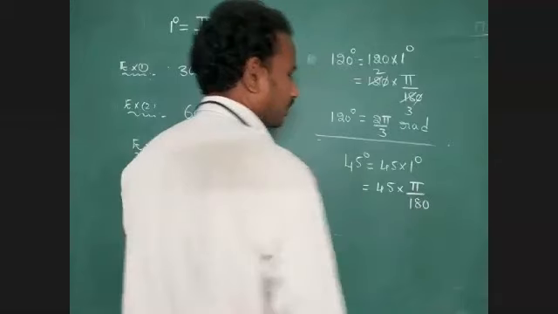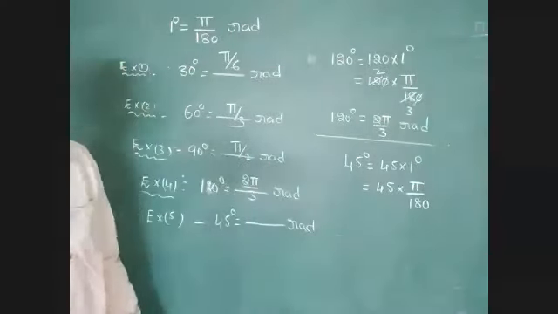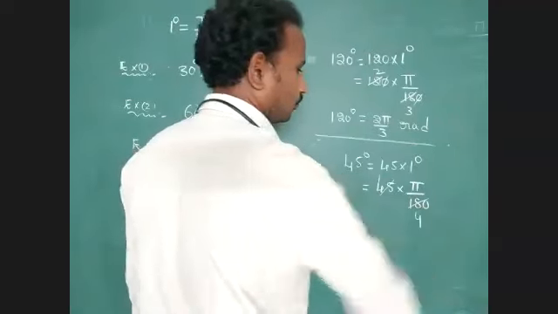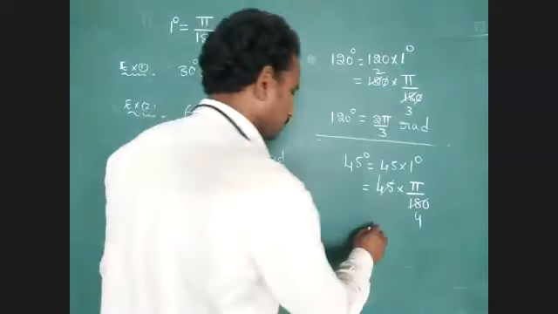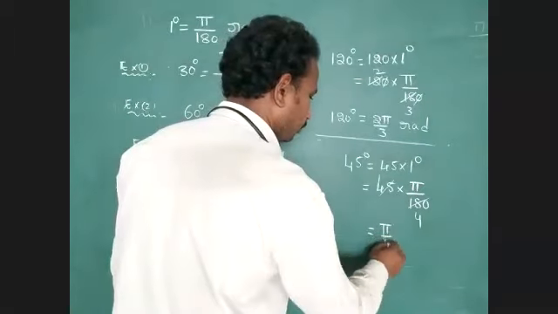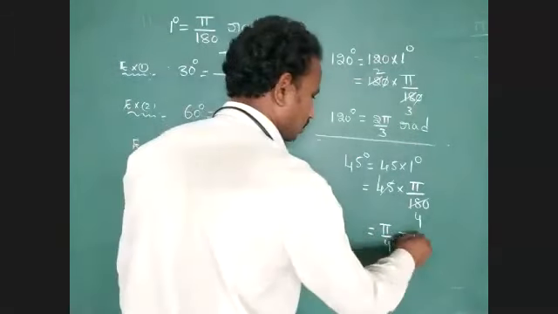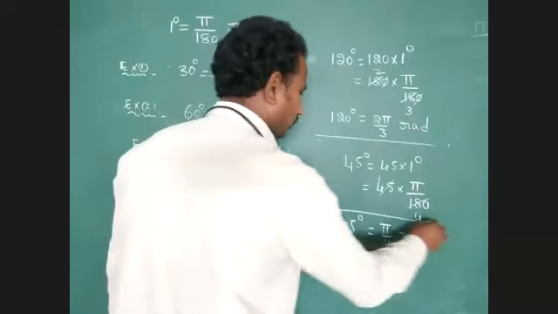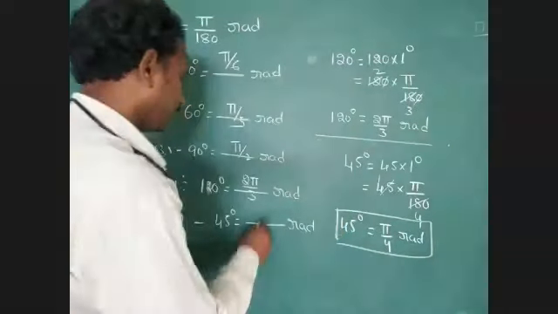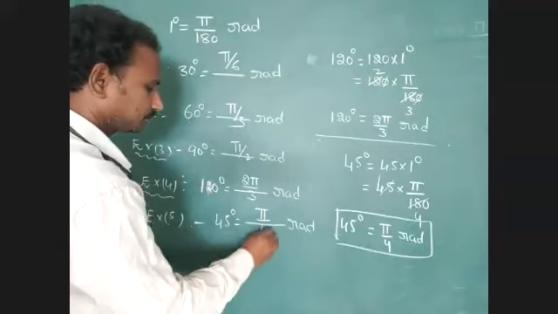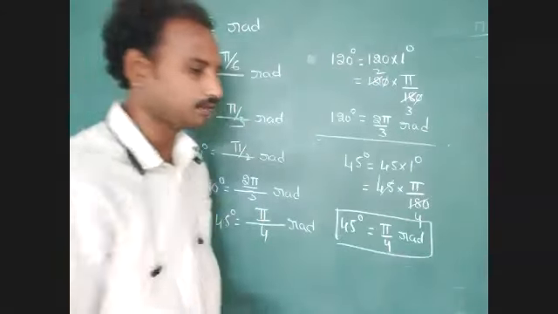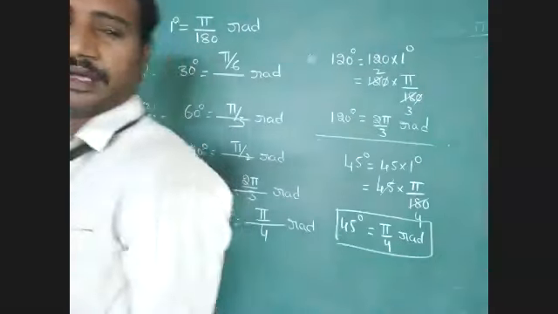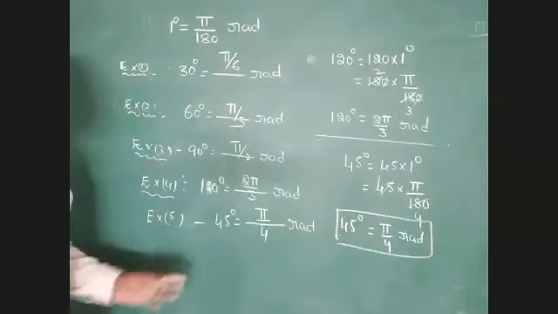How many times will it cancel? 45 goes 1 time, 45 goes 4 times. That is equal to pi by 4 radian. So 45 degrees equal to pi by 4 radian. Understood? Like that we have to convert degrees into radians. Okay, note down these example problems.